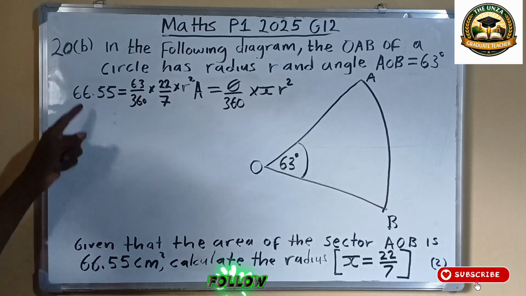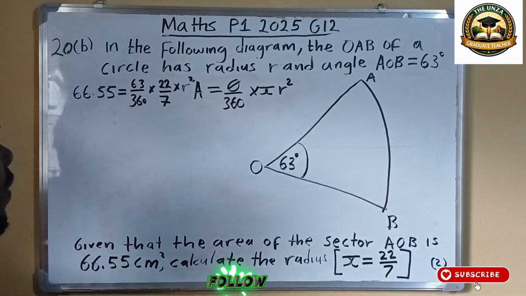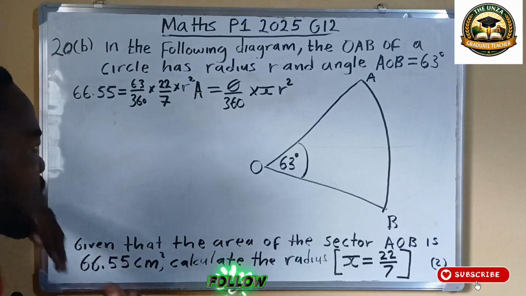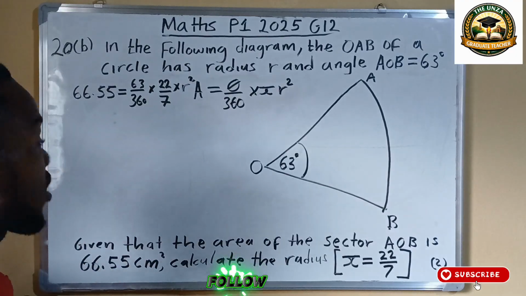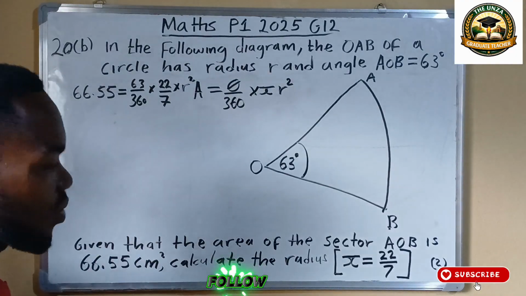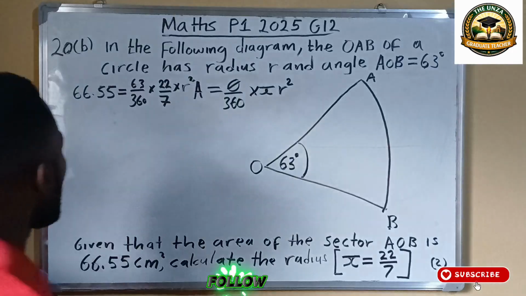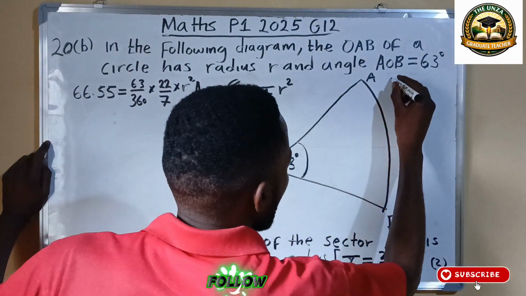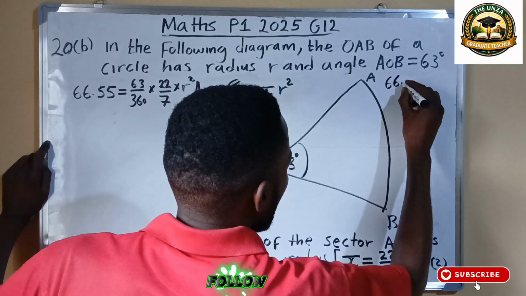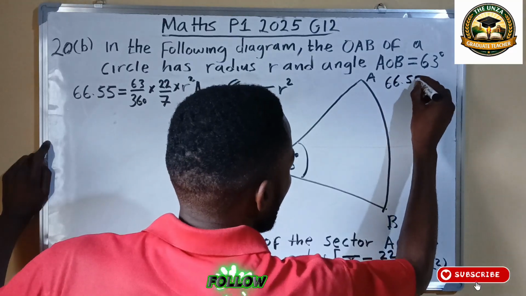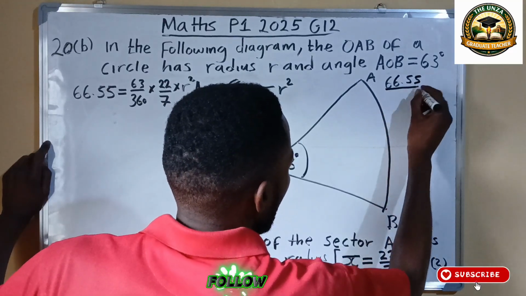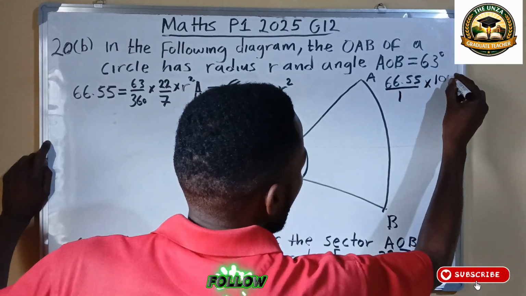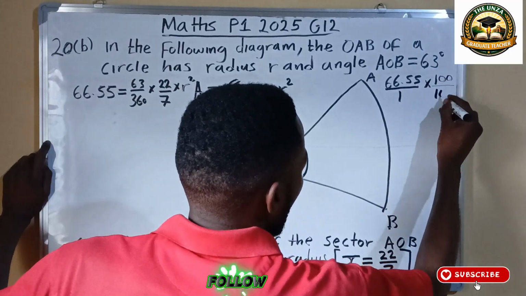So now, for you to find this answer so simply, you have to convert it into a whole number, where you remove the decimal places. How do you change this from decimal places to a whole number? You say 66.55 has got two decimal places. That means you make it into a fraction over 1, then you multiply by 100 on top and at the bottom.